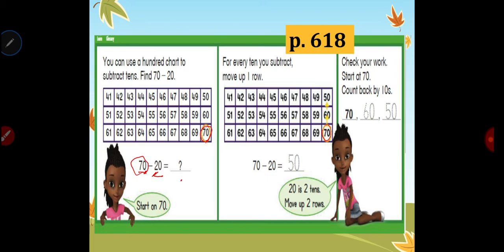From 70, when we move up, we can pass through 60. And then move one more, we can pass through 50. Since we are going to just move up 2 times, then we will stop at 50. So the answer is 50. So 70 minus 20 is 50.